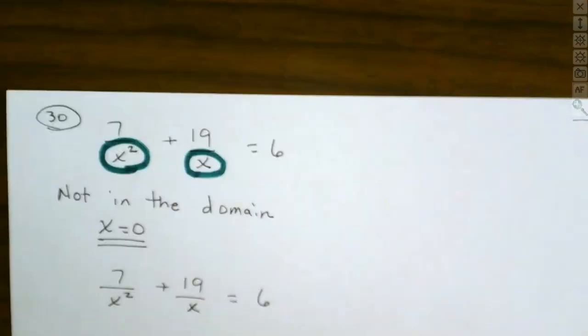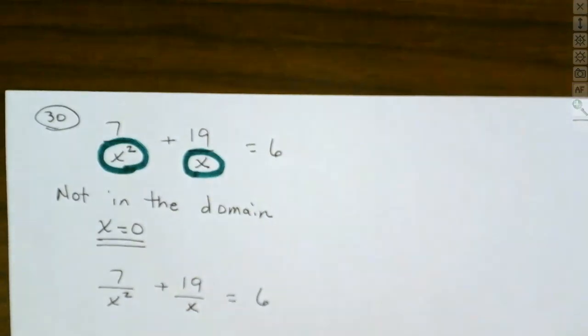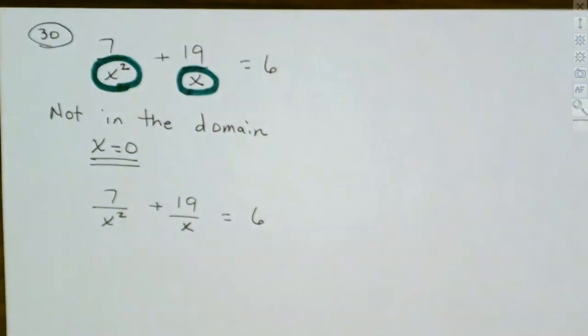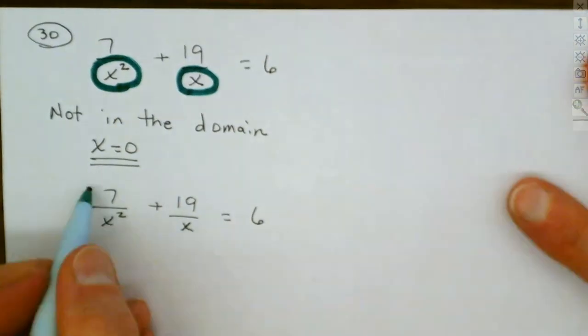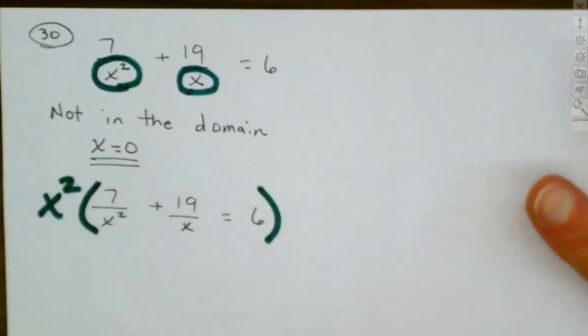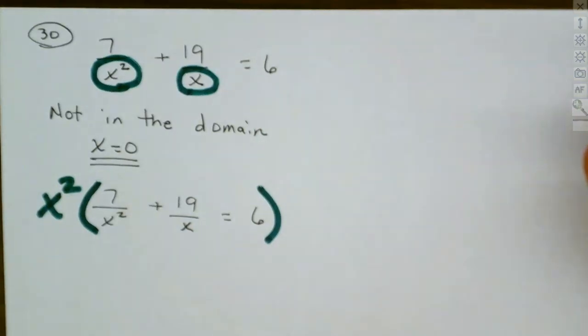And what's down below? X and an x squared. We want the highest one, the largest power. What's the largest power? X squared. So to clear out all of my fractions, I'm going to have to multiply this by x squared. And when I multiply that by an x squared, it's going to take care of the x, and it's also going to take care of the x squared below.